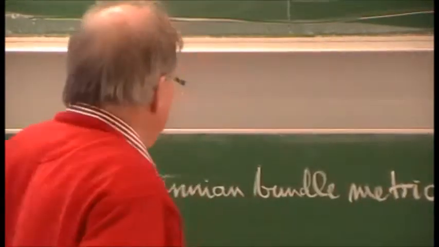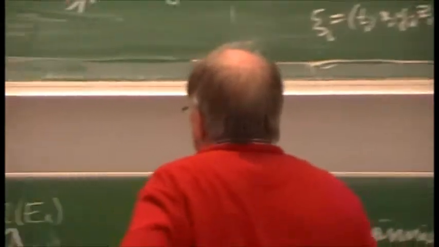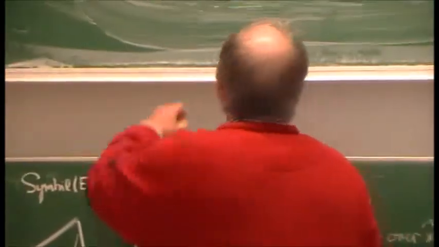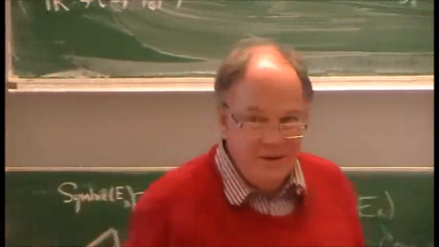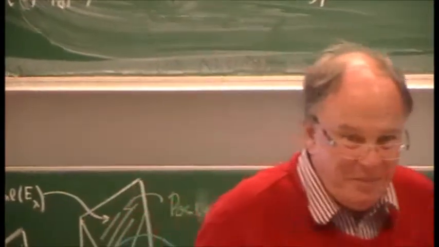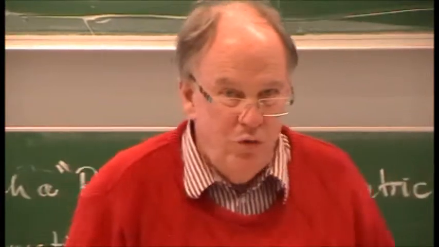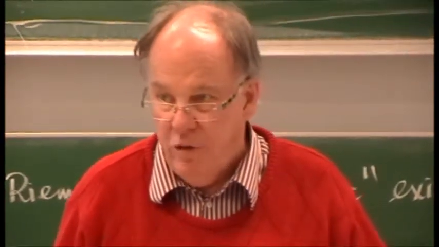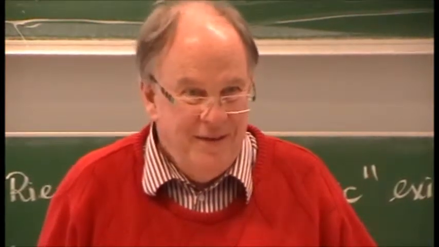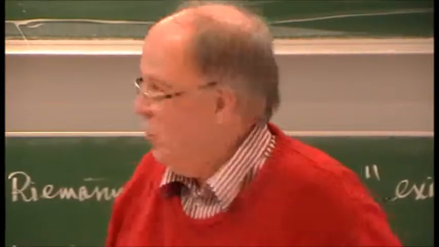Now, I hope you can see if we take two Lorentzian metrics and add them, you better watch out. Two metrics of signature (3,1) and add. Can you imagine what might happen? Well, I'll tell you.